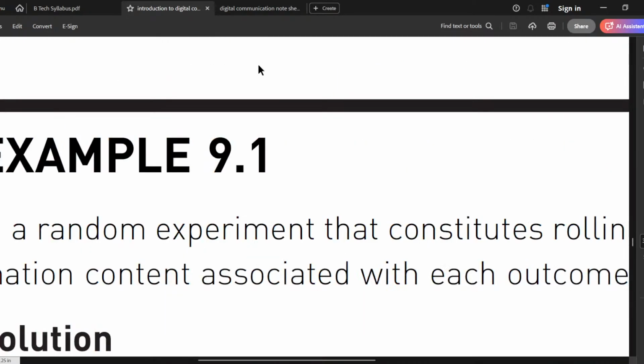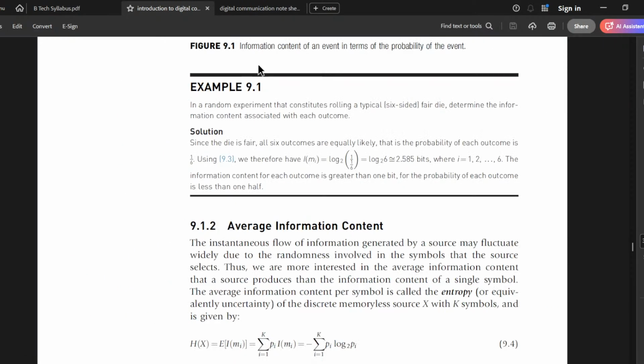There is a simple question. Let's just solve it. The question is 9.1.